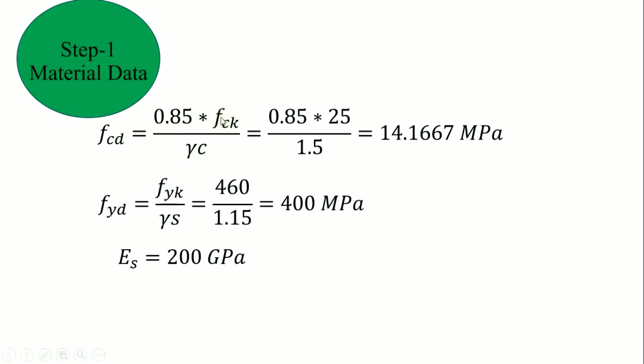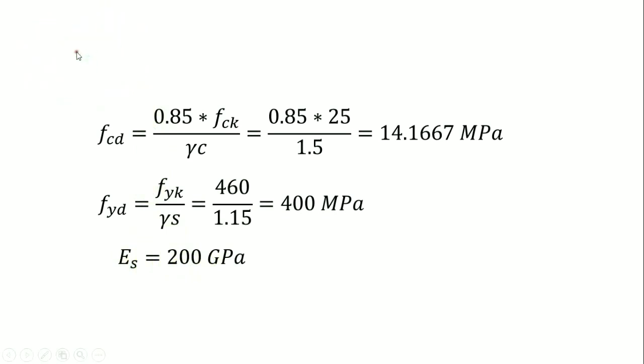Since we have C25/30, the characteristic strength is equal to 25, so the value is equal to 14.166 megapascal. fyd, the design yield strength of reinforcing steel, is equal to fyk, the characteristic strength of reinforcing steel, which is given as 460, over the partial safety factor for reinforcing steel 1.15, so 400 megapascal. The modulus of elasticity of steel is usually equal to 200 gigapascal.